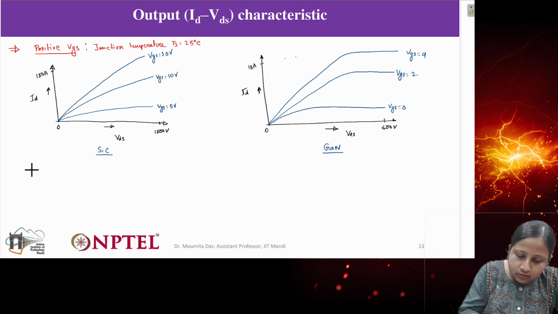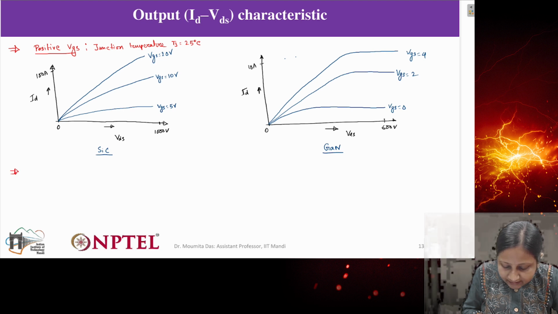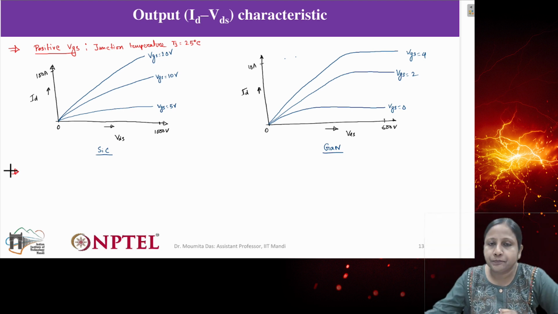Okay, now you know that the gate to source voltage here is shown only positive, but in the case of silicon carbide and GaN it is advisable to provide a lower gate to source voltage as negative.